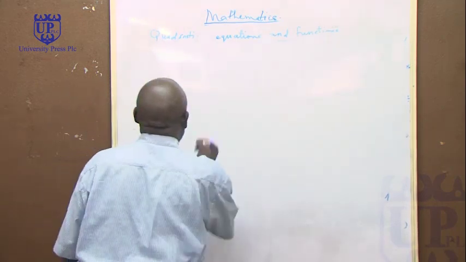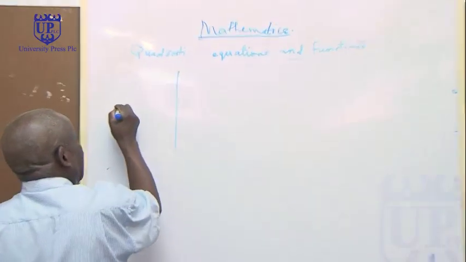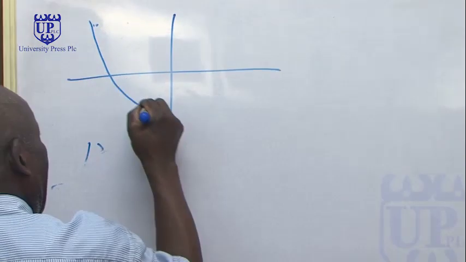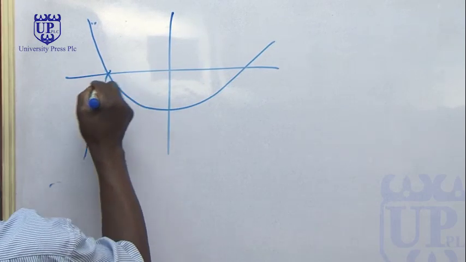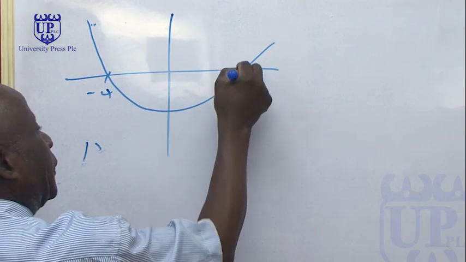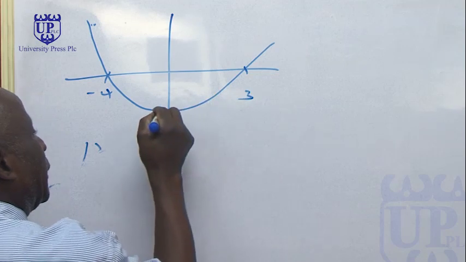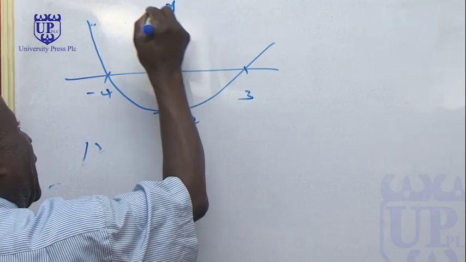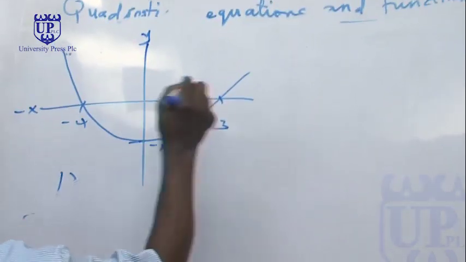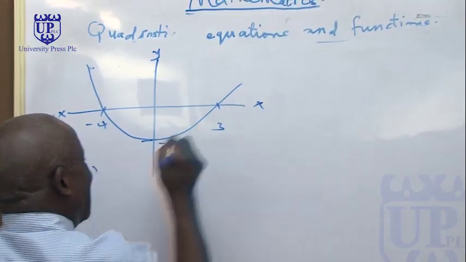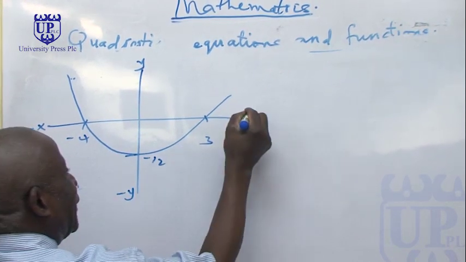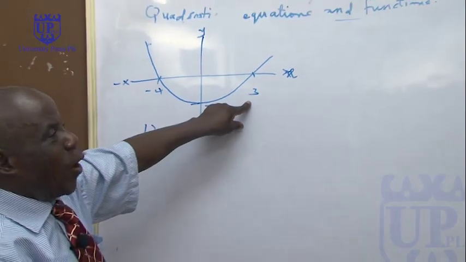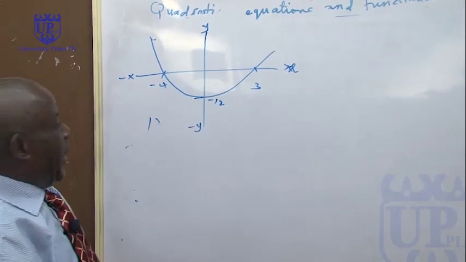When you have something like this, let's say this is minus 4, this is 3, this is minus 12, with y, negative x, positive x, negative y, you see that the roots are minus 4 and 3. They are unequal.